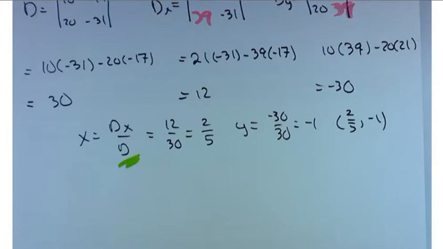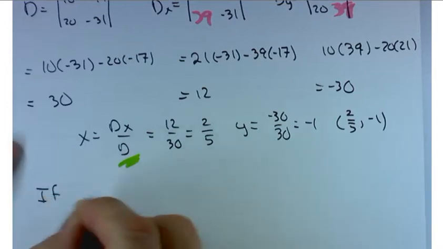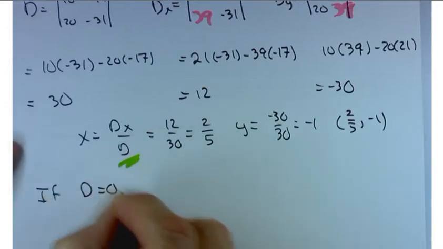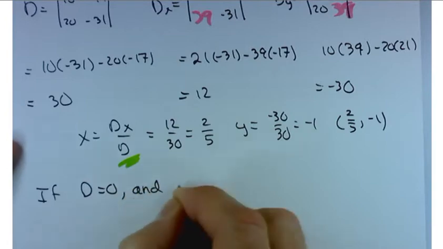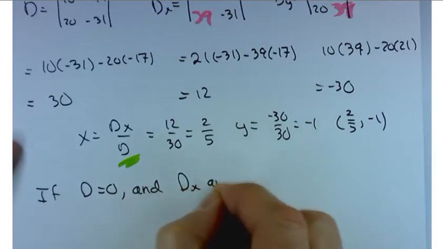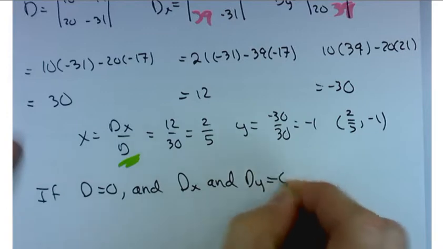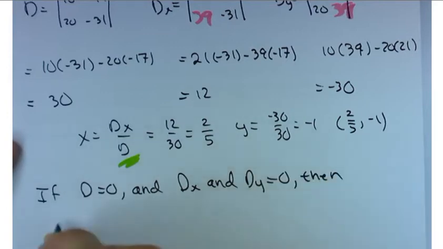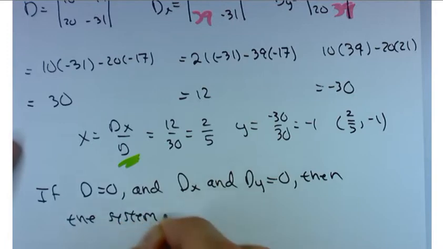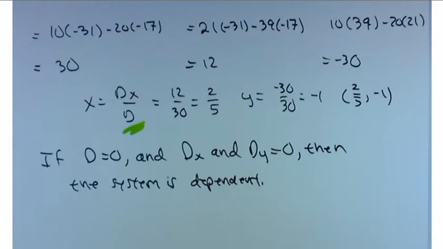Now, it's not something that I'd really want you to try and investigate with Cramer's rule, but you could. If d equals 0 and dx and dy equal 0, then the system is dependent. In other words, you have 2 lines, one right on top of the other.